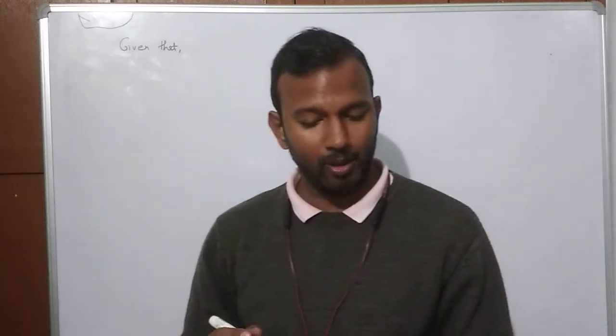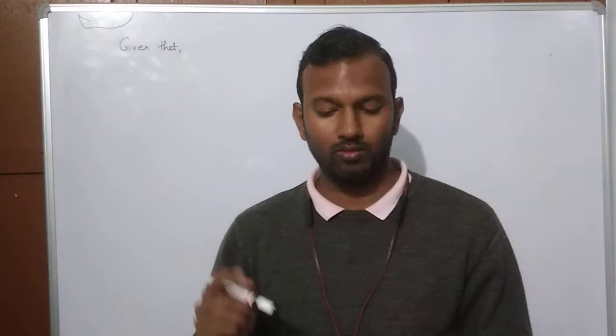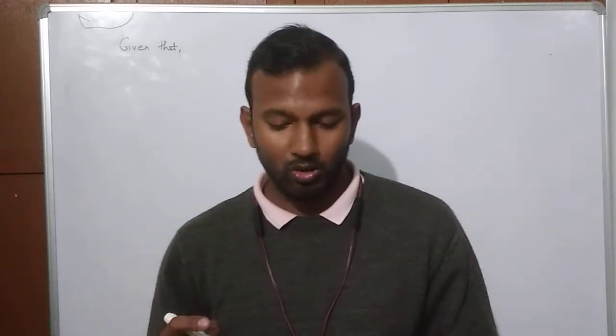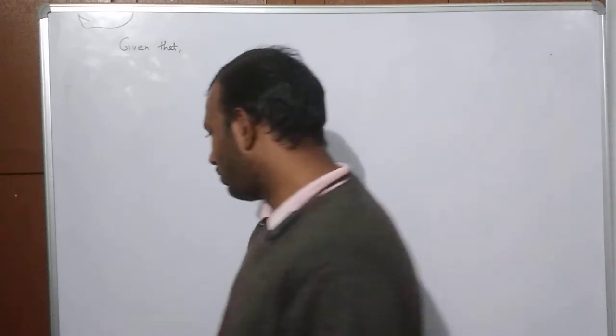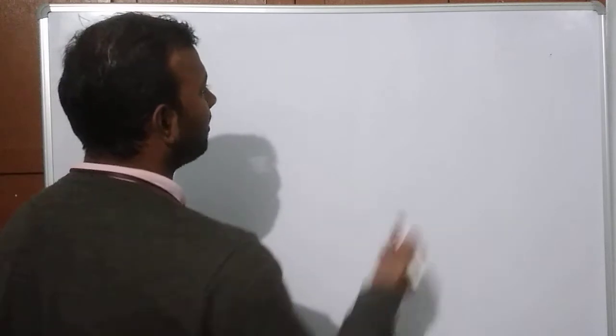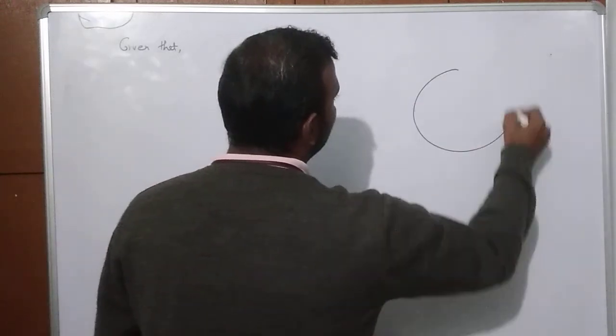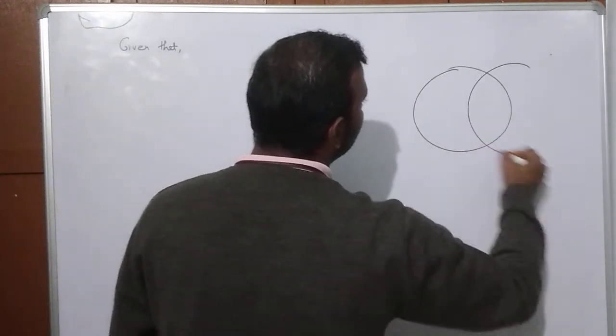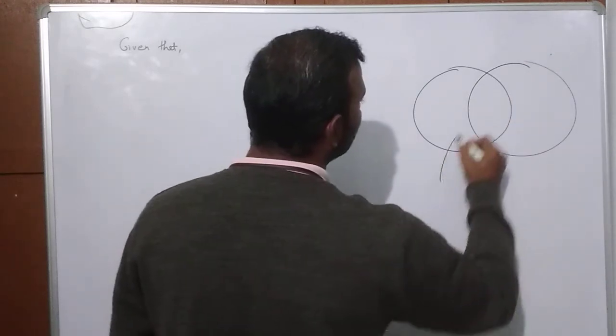If every member can play at least one game, then find the number of members who can play only tennis. That is the question. So let's draw the Venn diagram accordingly. The question is based on the Venn diagram. Okay, it is clear from the question.